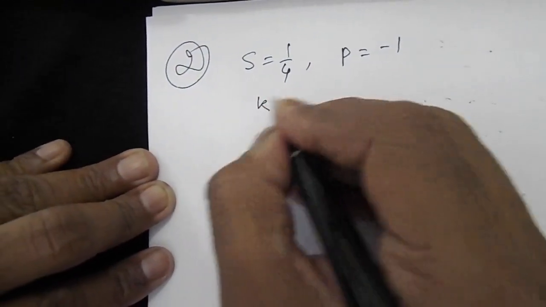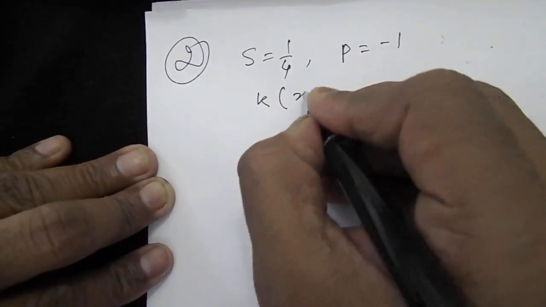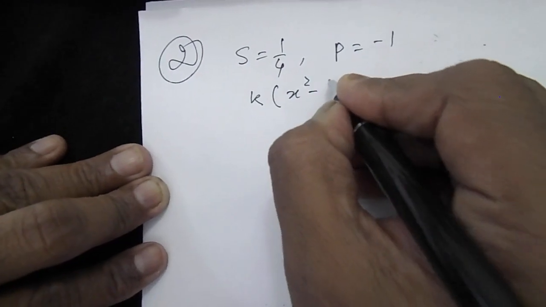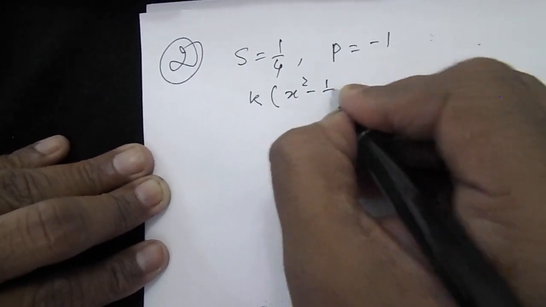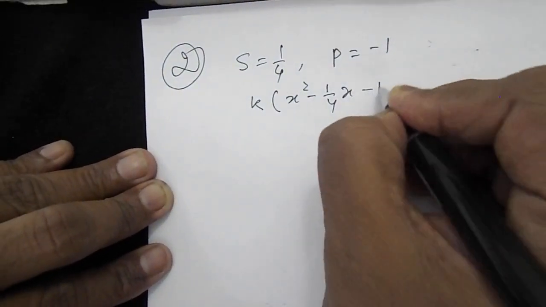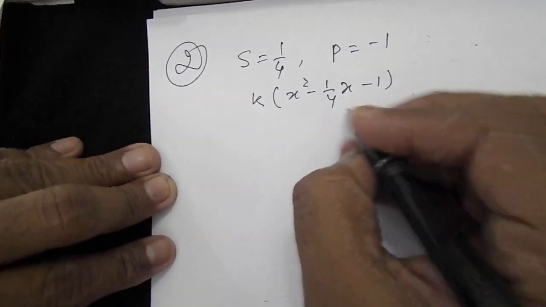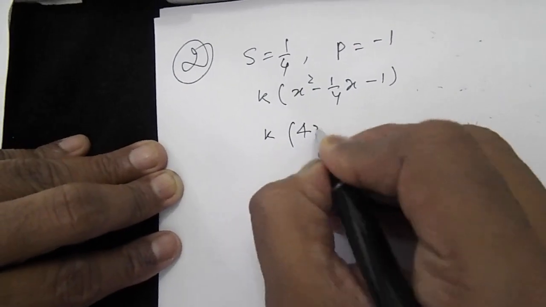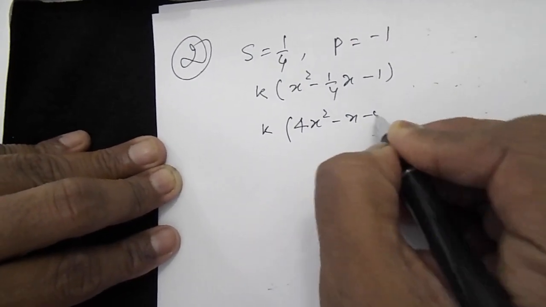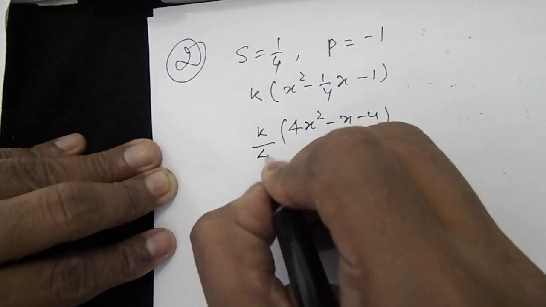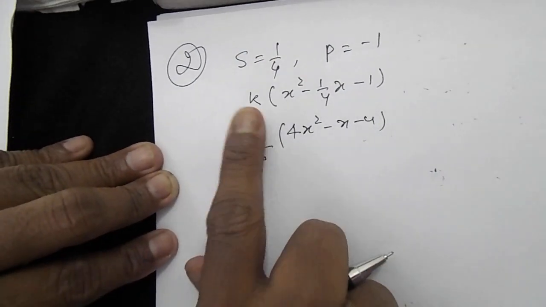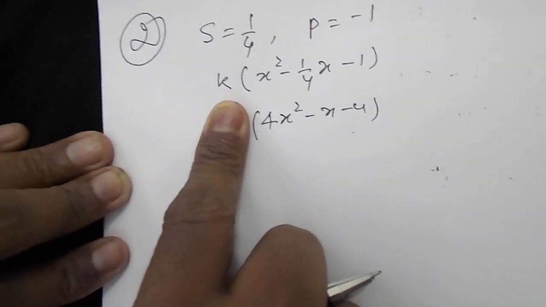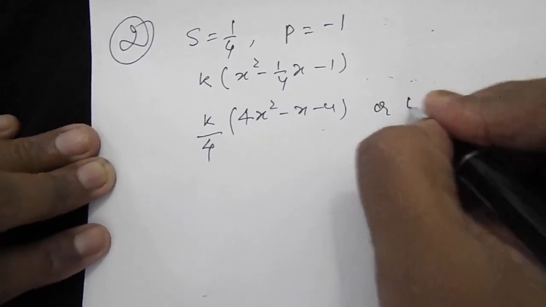So the polynomial is x square minus 1 by 4x minus 1. So we can take the LCM. So this will become 4x square minus x minus 4 upon 4. So this is a polynomial. We can write the polynomial 4x square minus x minus 4 also.